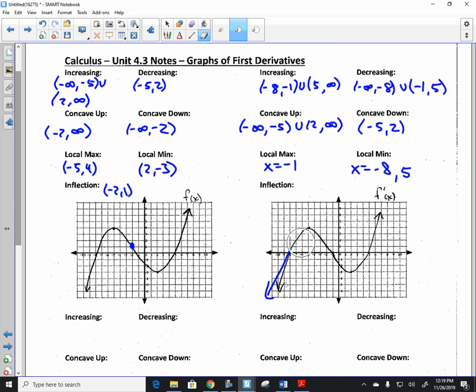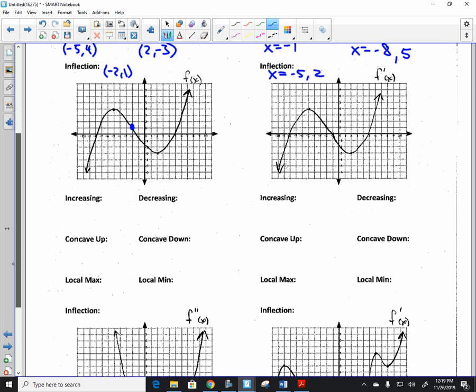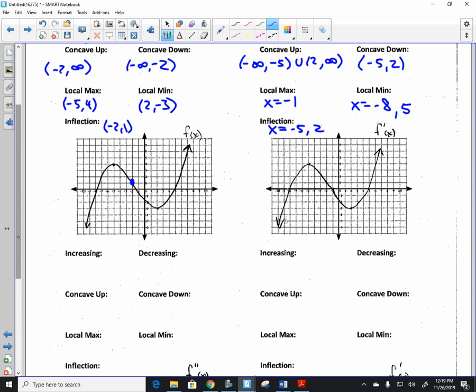So when does the second derivative change sign? What were the two spots when the second derivative changed sign? -5 and 2. Does that connect for you all right?